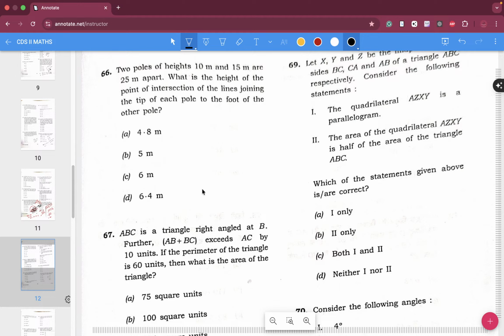The 10th last question for the day. So who and all are there?